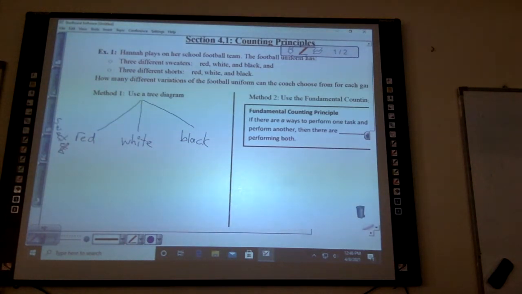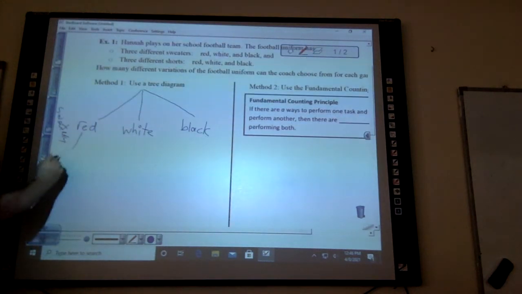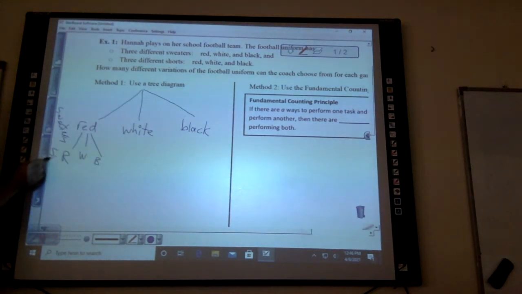From each of these, let's say I went down this branch of our tree and picked a red sweater. What are the choices I have for shorts? Red, white, black. So if I were to take this path, I could have either red, white, or black for our shorts.